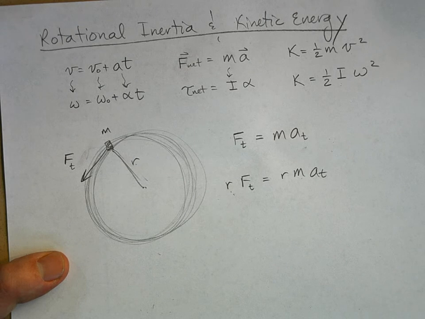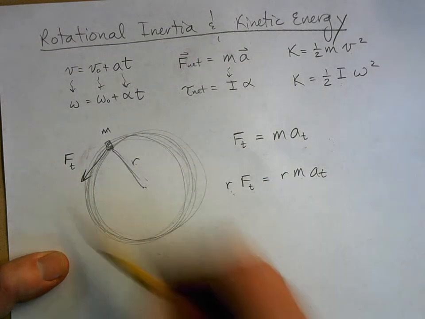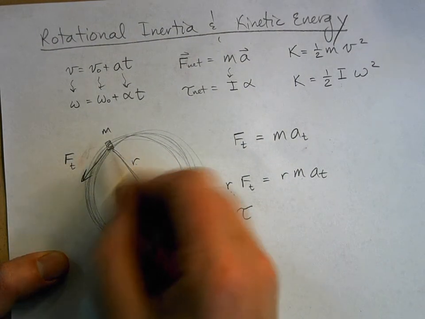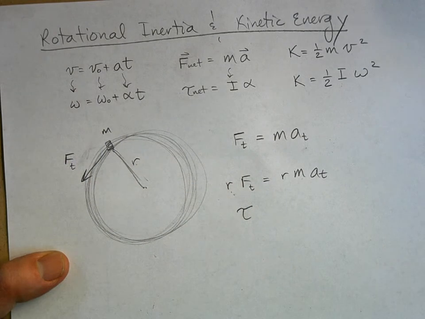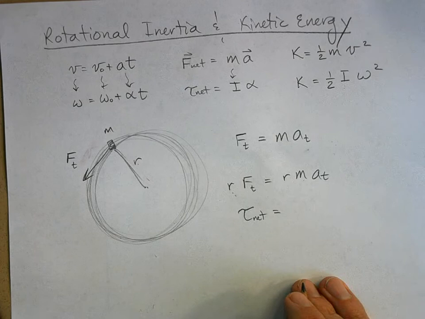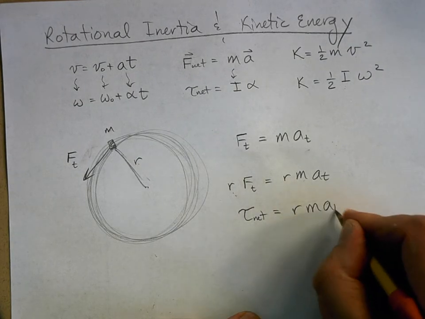Do you remember? It's torque. This is the torque applied to this system. And since this is the net force that's causing tangential acceleration, we'll call this the net torque on our system, equal to r times m times the tangential acceleration.